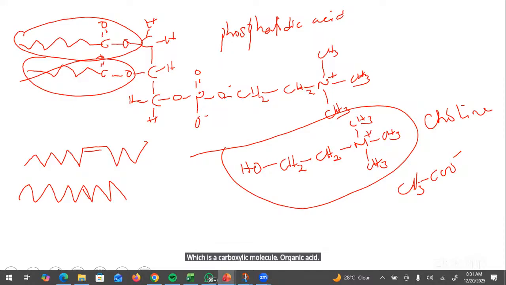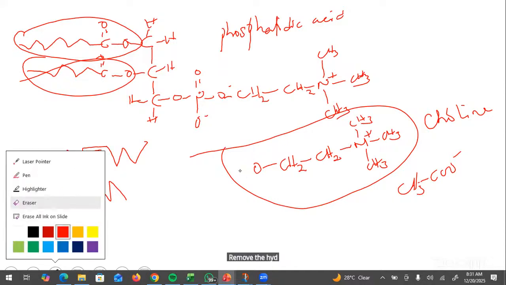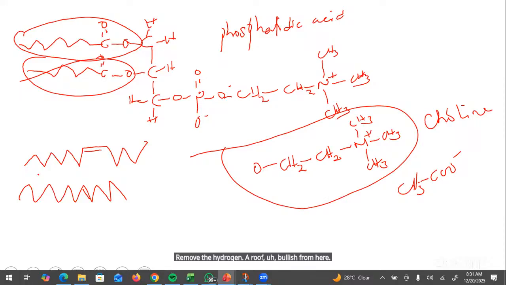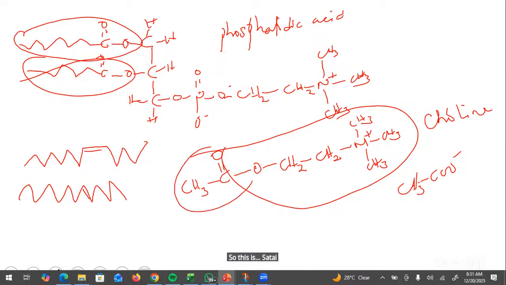If this acetate reacts with choline, we remove the hydrogen and remove OH from here. We have CH3 and now a double bond to oxygen. So this is acetylcholine, which is a neurotransmitter.